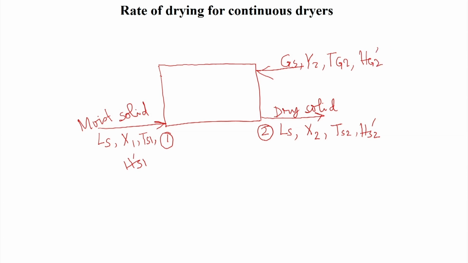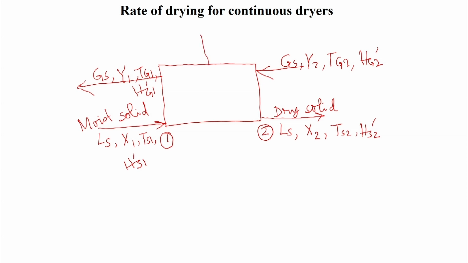When it leaves the dryer, the flow rate of the gas will be Gs and the humidity will be Y1.